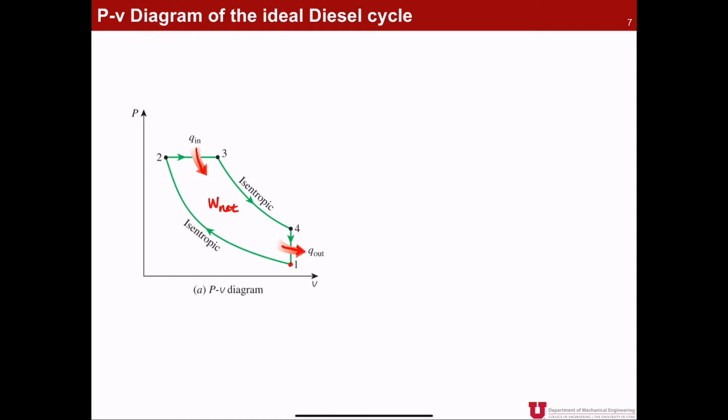So by looking at this PV diagram, we have to point out that there are key design parameters when you try to design the diesel cycle or diesel engine, or when you do the performance analysis of the diesel cycle. The first one is still the compression ratio.